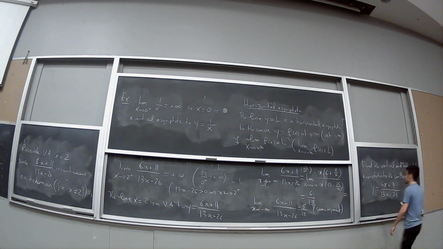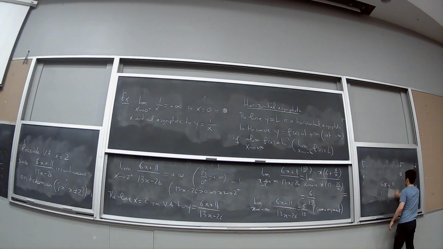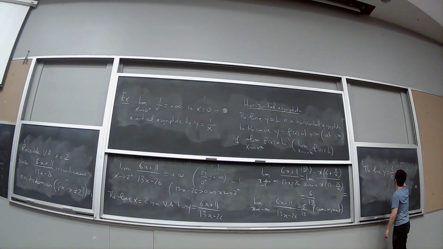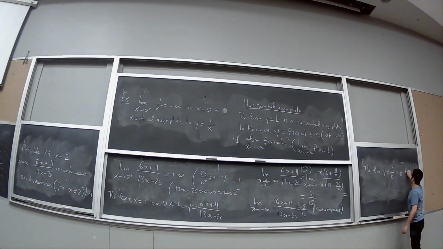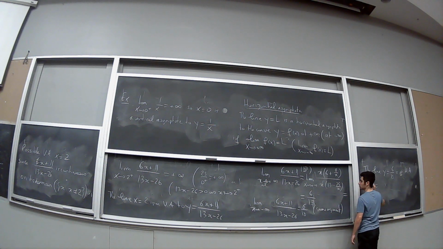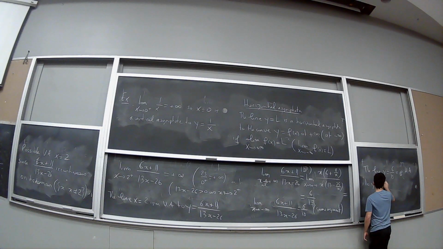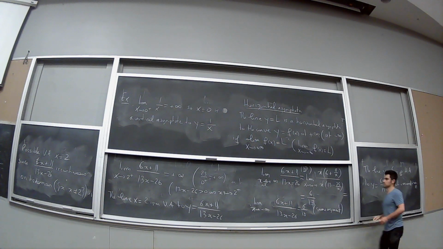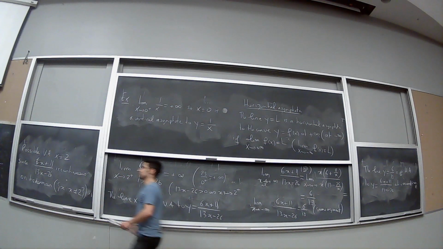So the line y is equal to 6 over 13 is a horizontal asymptote to y is equal to (6x plus 11) over (13x minus 26) at plus infinity and minus infinity. Great, let's do one more, or let's do a couple more.